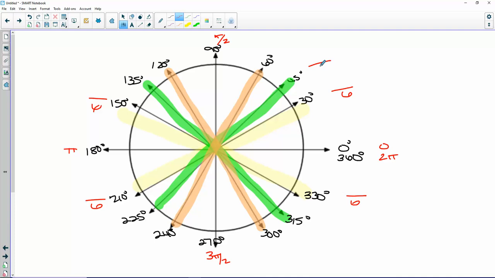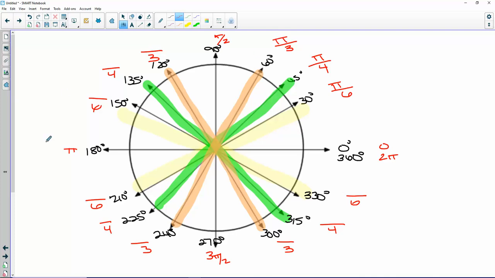When our reference angle is 45, the denominator is 4. And when the reference angle is 60, the denominator is 3. In the first quadrant, it's just pi.